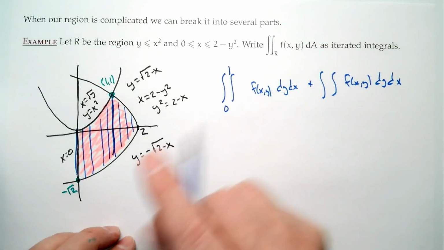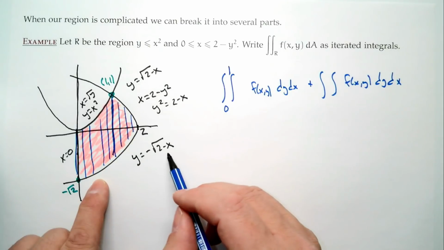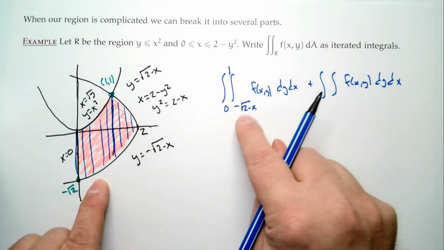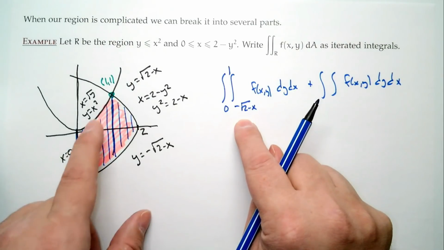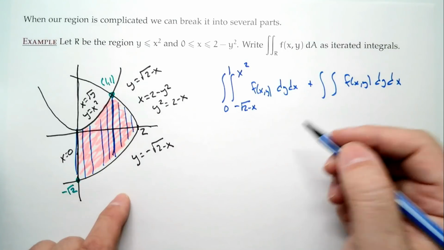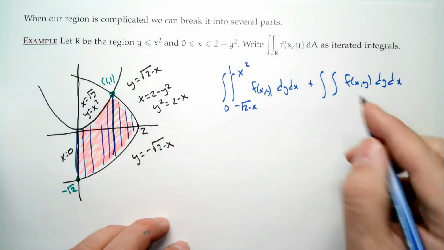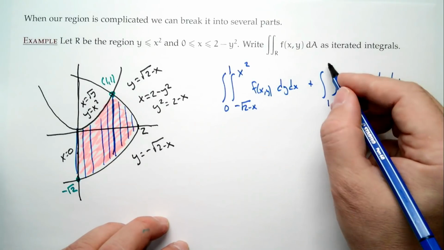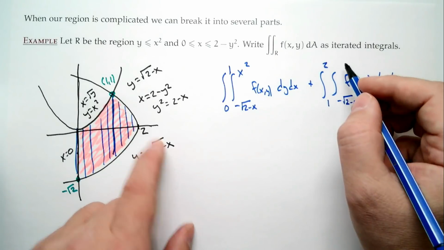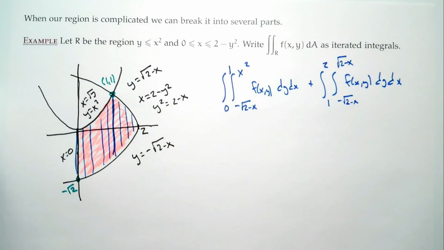Well, we go from the bottom curve, which is y equals minus square root of 2 minus x, up to the top curve, which is x squared. Here we go from where we intersect to our next point, 1 to 2, the bottom curve to the top curve as functions of y equals.